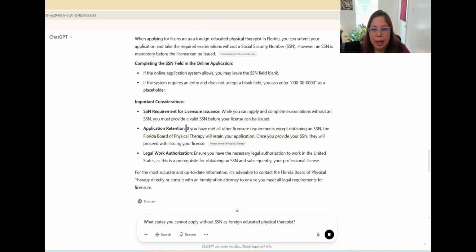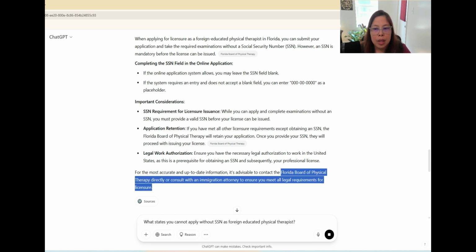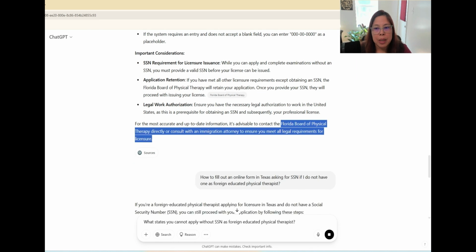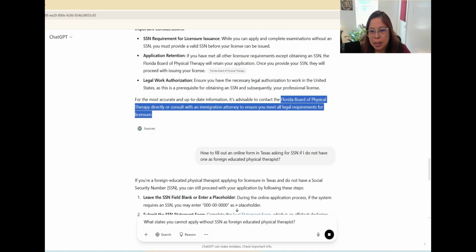And here again, you should have the legal authorization to work in the United States. Okay? And for more accurate and up-to-date information, again, check the Florida Board of Physical Therapy directly or consult with an immigration lawyer, to ensure you meet all the legal requirements for licensure.